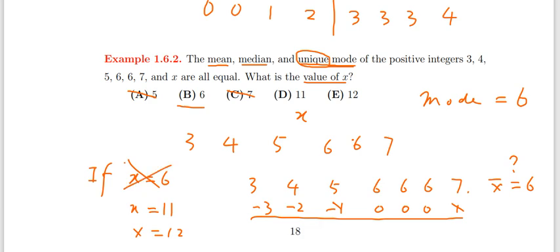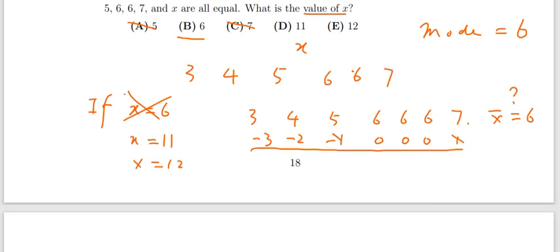So how about 11? We just check this. If x equals 11, the numbers are 6, 6, 7, 11. We check whether the average is 6 for these numbers. If yes, then this is the answer, right? So we use the same way.